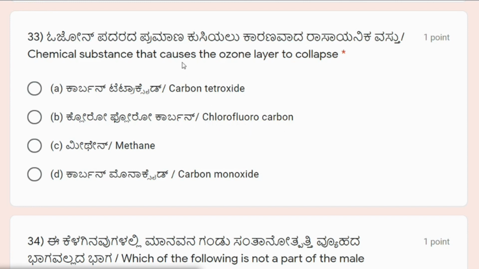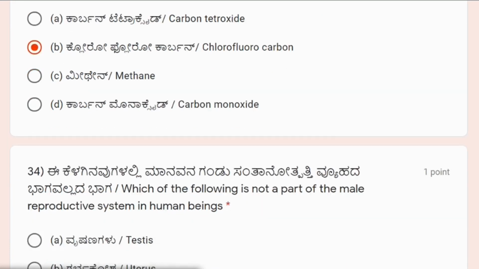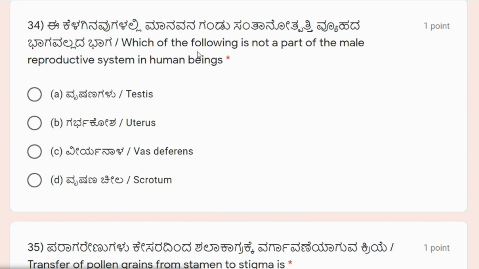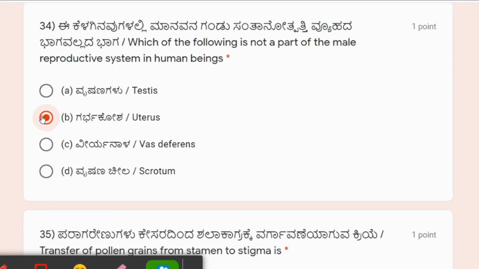Chlorofluorocarbon is the reason for the collapse of the ozone layer. Correct option is B. Moving on to 34th question. Which of the following is not a part of the male reproductive system in human beings? Uterus is not part of the male reproductive system in human beings. Correct option for 34th question is B.